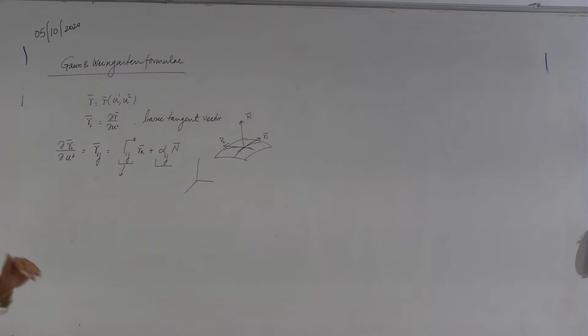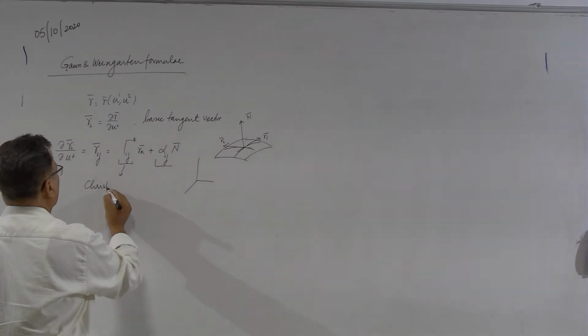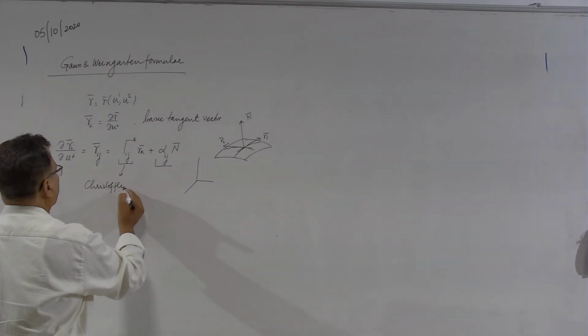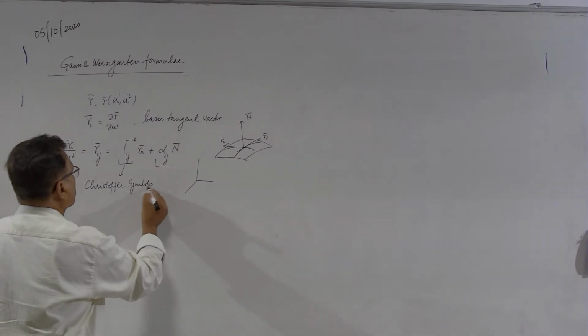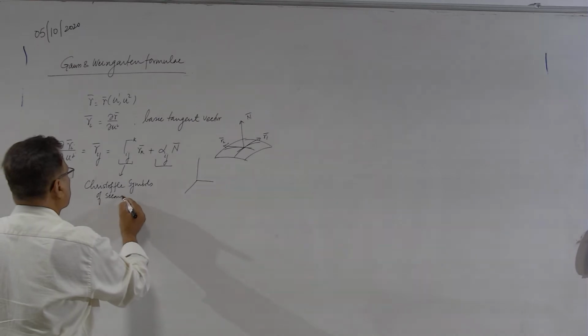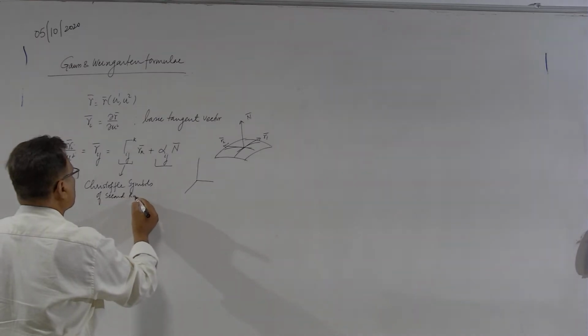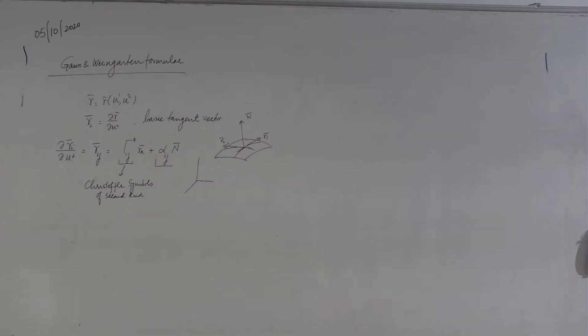The coefficients along the tangent plane we will call Christoffel symbols of second kind. First kind Christoffel symbols will appear a little later.